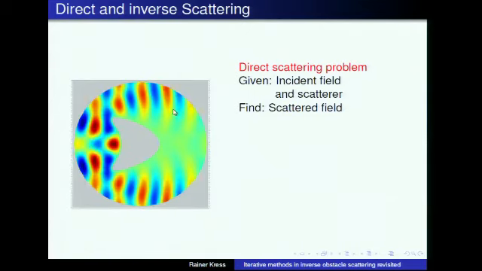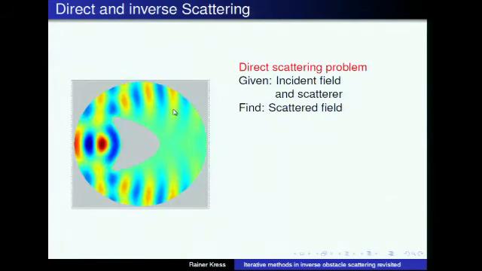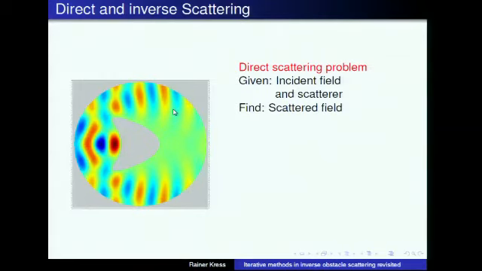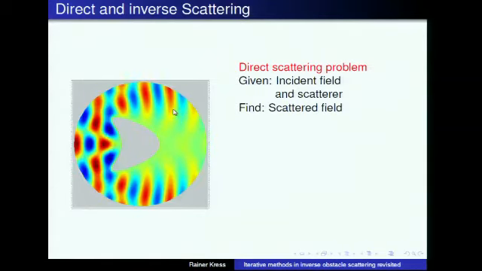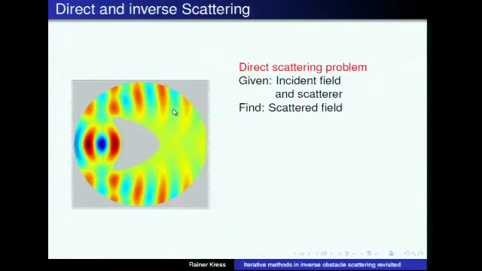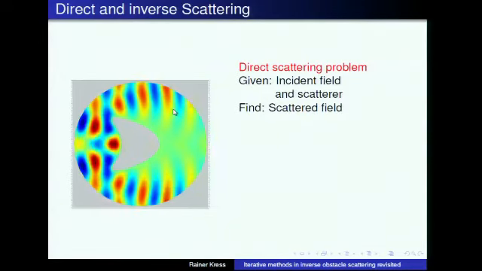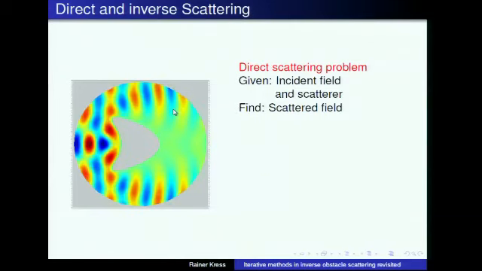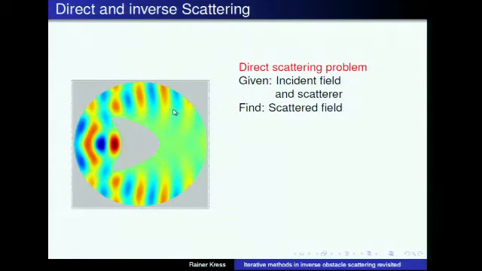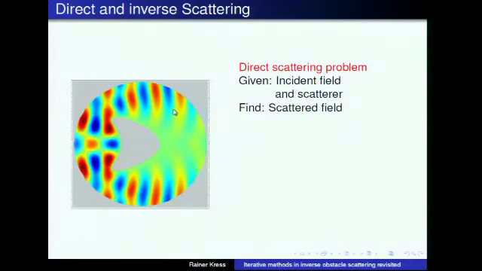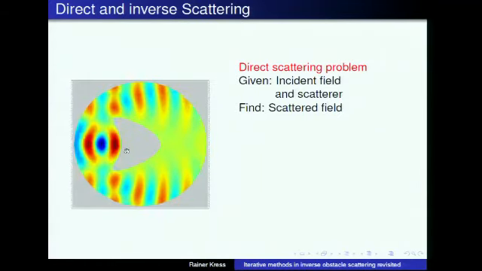We can look at the so-called direct scattering problem, where we are given the incident field, the plane wave in this case, and the scatterer, its location and its shape. And the question is to find the scattered field or the total field, for example, in some distance away from the scatterer, for example, on this circle or on this sphere around the scatterer.